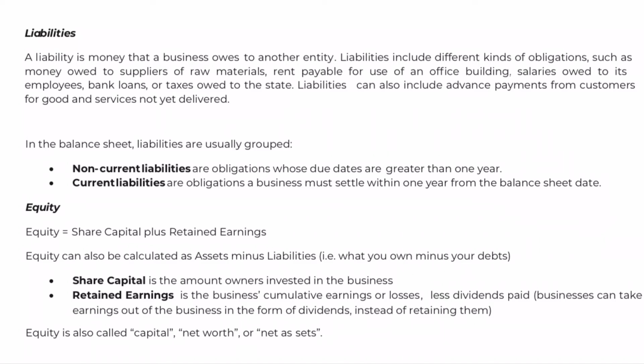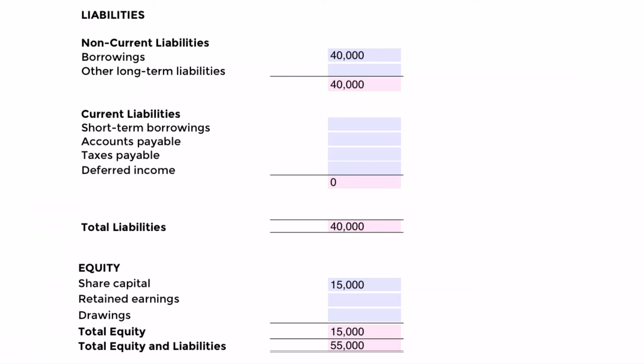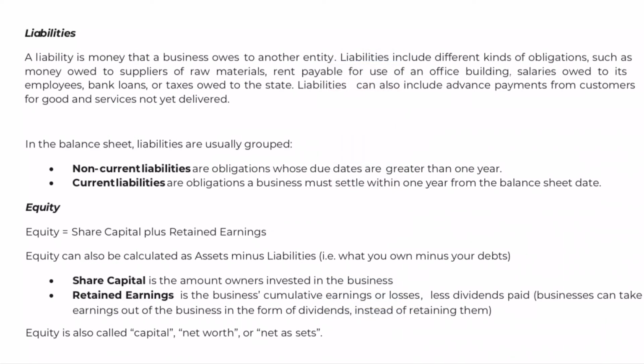And then the final section is about equity, and here the share capital is any cash investment from the owner, and here I put in about 15,000 cash. Retained earnings is any profits that the business made that you are leaving within the business so that they could be reinvested.